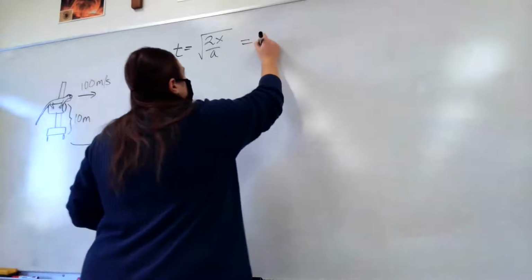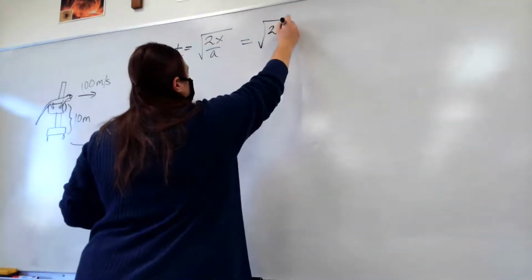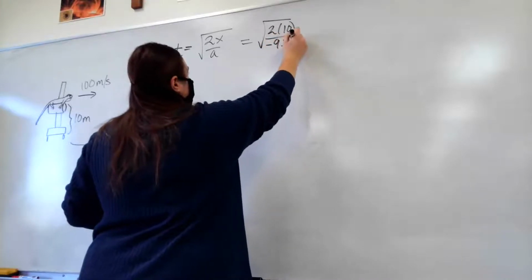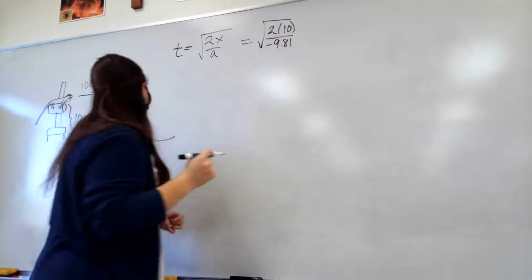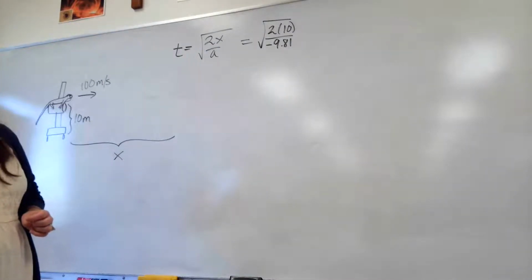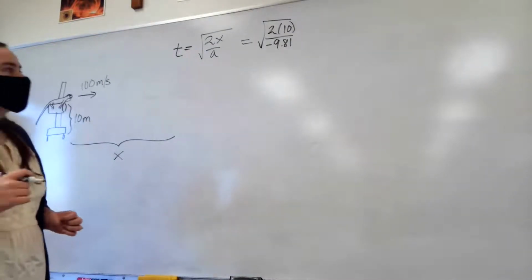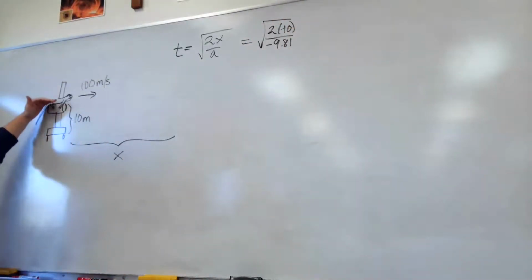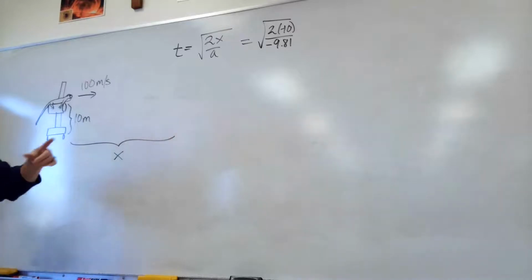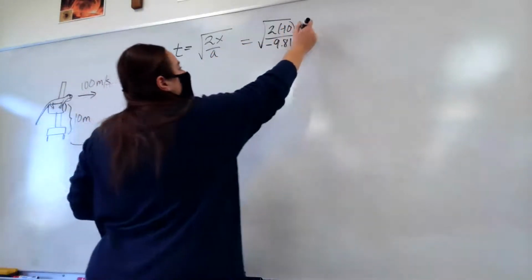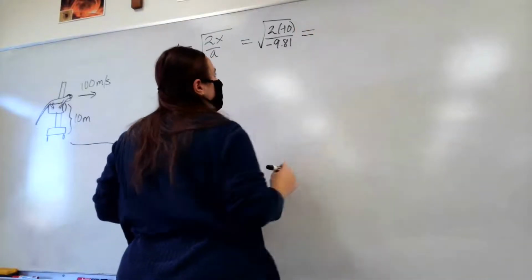So we can just put in 2 times 10 divided by our acceleration of negative 9.81. What am I missing again? Just like last time, because we're calling the starting position 0 and down negative, we do need to make this negative as well. All right, what do we get?